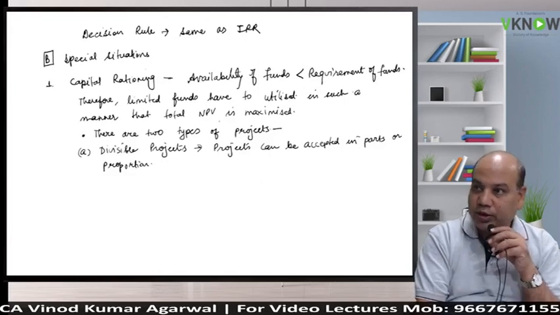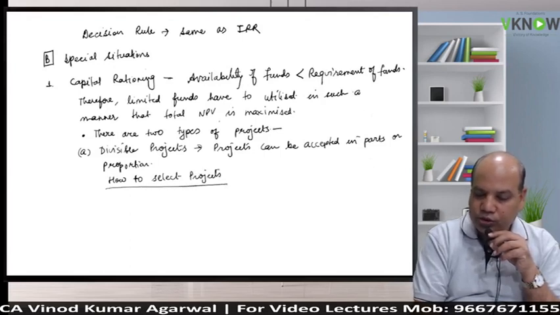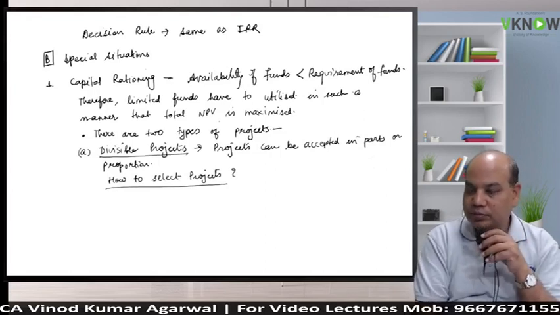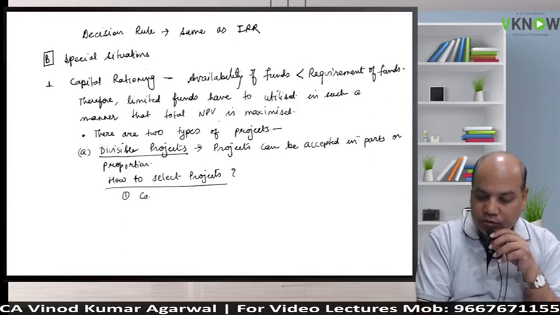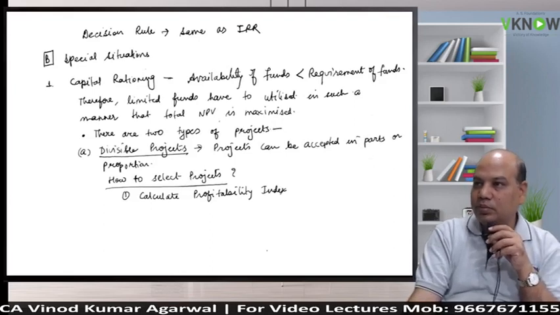So how do you take a decision here? How to select projects if it is a divisible project? Okay, so first you calculate the profitability index. Profitability index will help you identify which project is best.